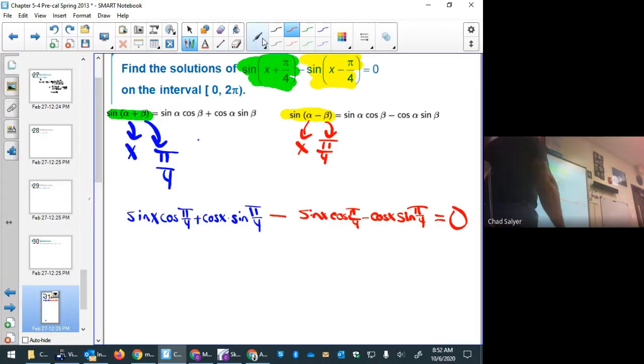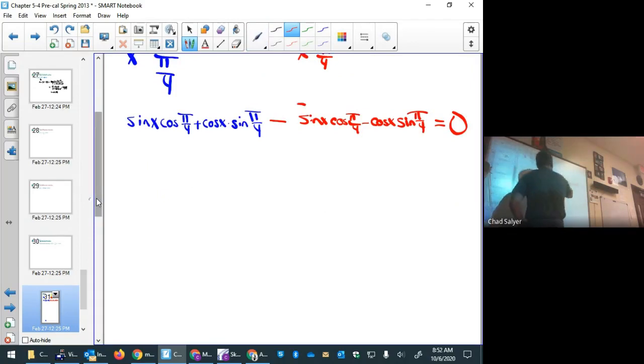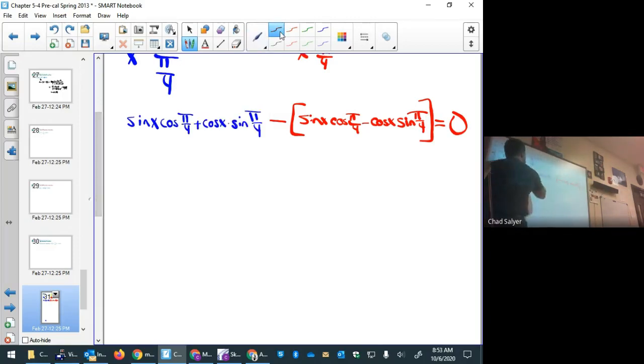So I put in both of those, and it's important for us to remember that that negative sign is distributed to both terms on the right. Easy to make a sign error there. So the sine of x times cosine of pi over 4 is radical 2 over 2 times sine x. Usually we put the coefficient in front of the trig function.